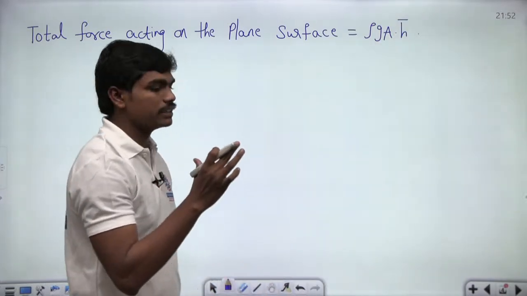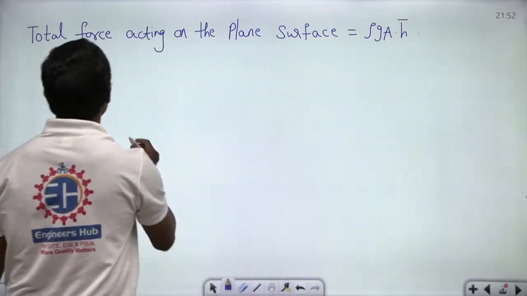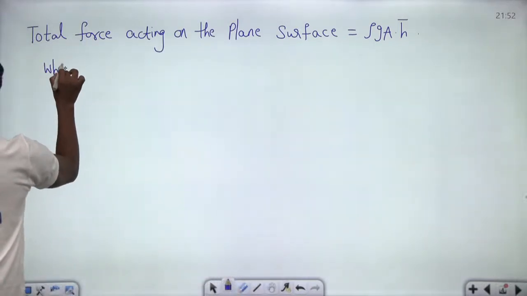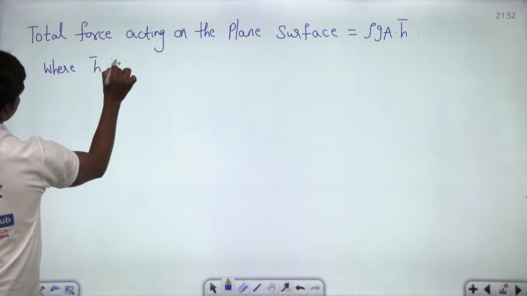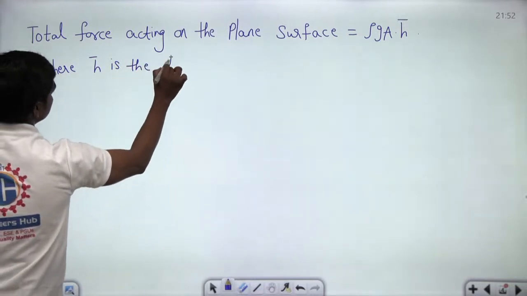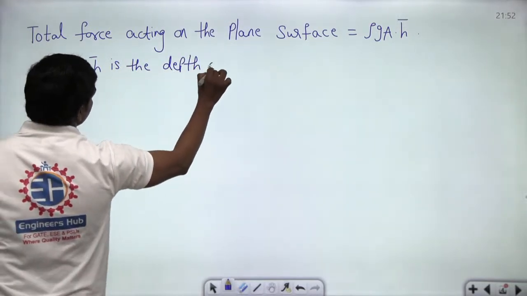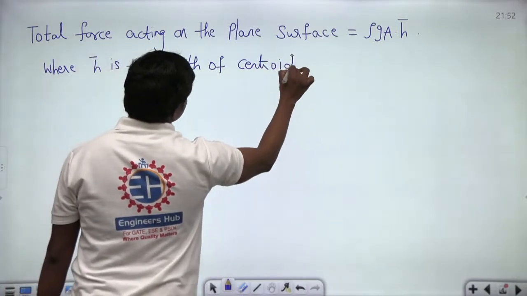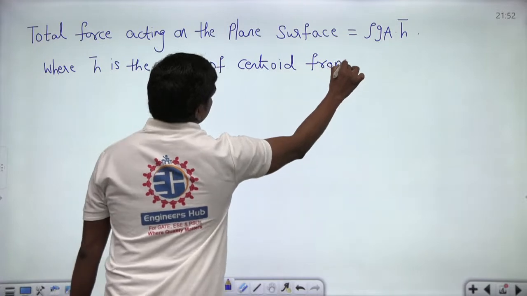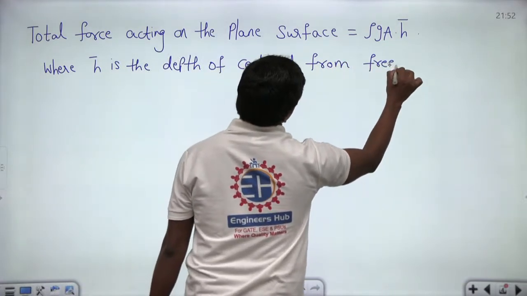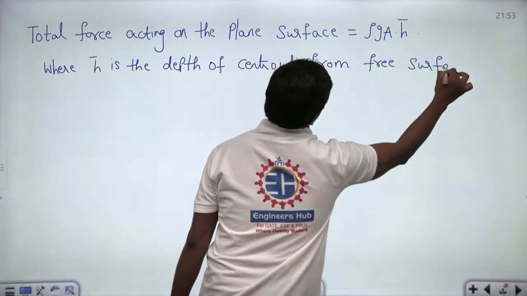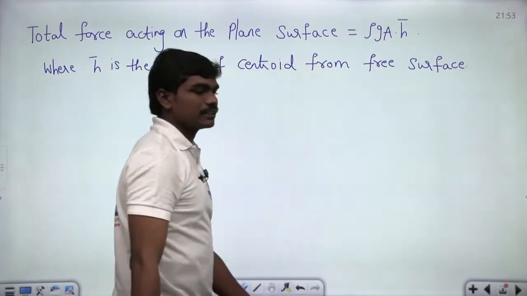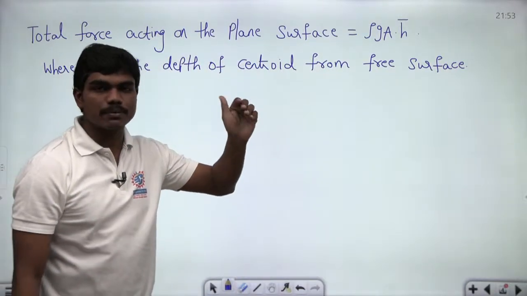So, rho g A h bar is the total force, where h bar is the depth of the centroid from the free surface.